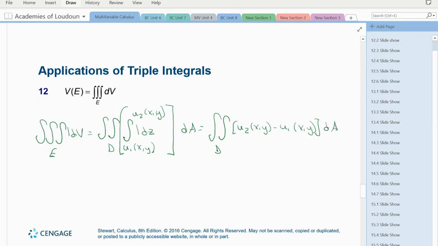And we know that this represents the volume that lies between the surfaces z equals u sub 1 of x,y and z equals u sub 2 of x,y.